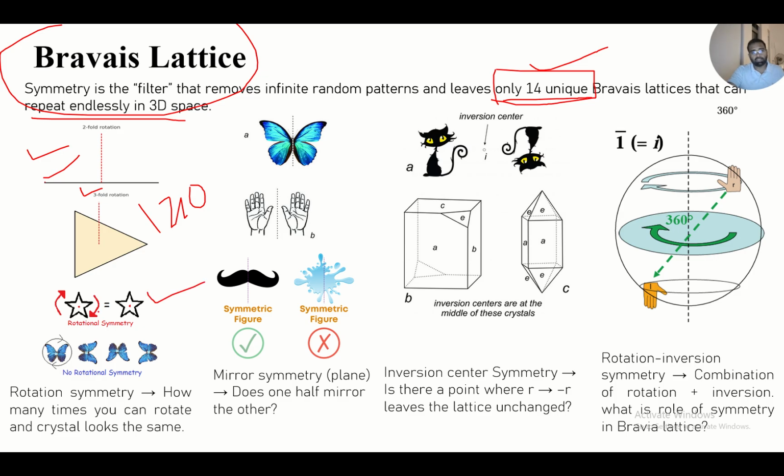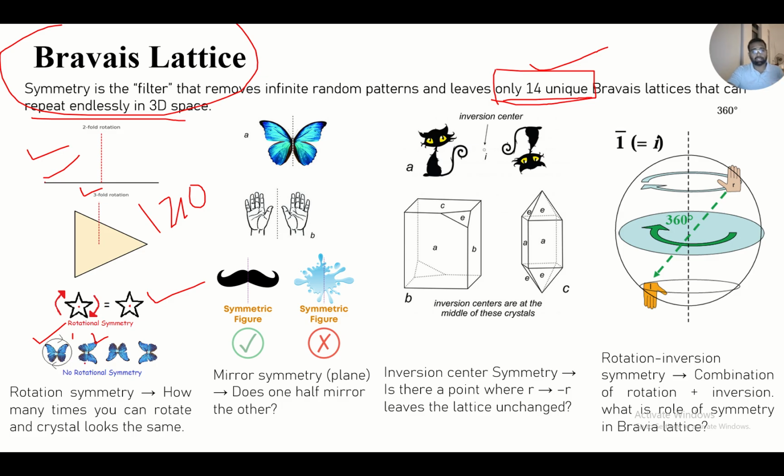So it has a rotational symmetry. But this butterfly, if you rotate it, you are not getting the same. See, this one and the second one, you have rotated it by 90 degrees clockwise, but it's still not looking the same.